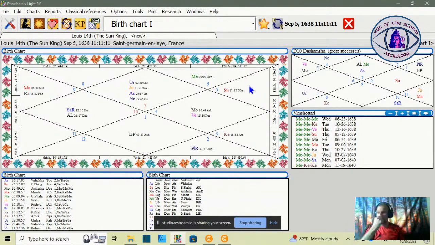Now, where Uranus is, you could associate that with the energy of Brahma or the creator energy. So he's going to be a very creative person. And then Chitra Nakshatra is also a nakshatra that is all about creation. So we have a dual synastry going on between both the planet and the nakshatra.